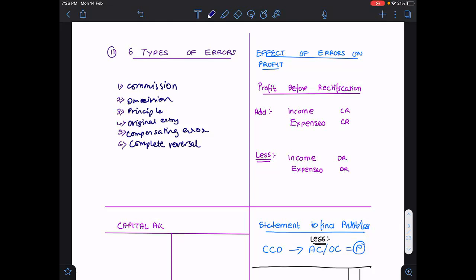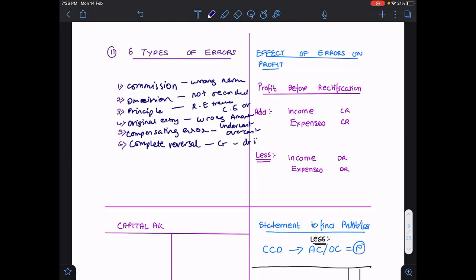Commission, wrong name. Omission, not recorded. Principle, revenue expenditure treated as capital expenditure or reverse. Original entry, wrong amount. Compensating, undercast, overcast. Complete reversal, you're crediting the debit item and you debit the credit item.